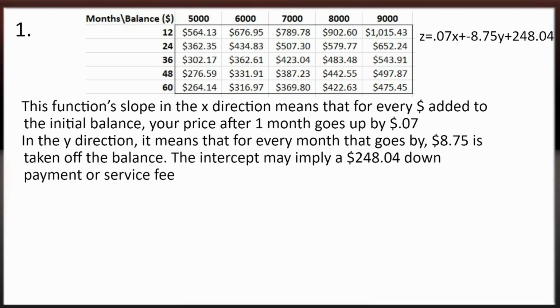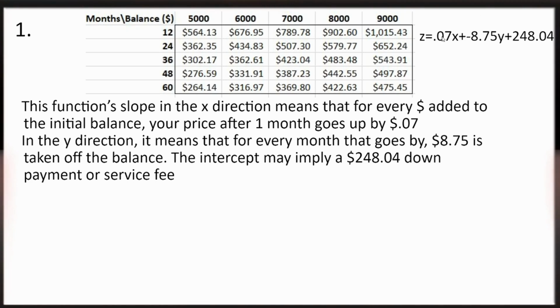So moving on, guys, we're going to look at what the slope and the intercept actually mean in practical terms. What me and Uriah came up with is that the slope in the x direction basically means that for every dollar added to the initial balance, your payment after one month goes up by 0.07 cents.